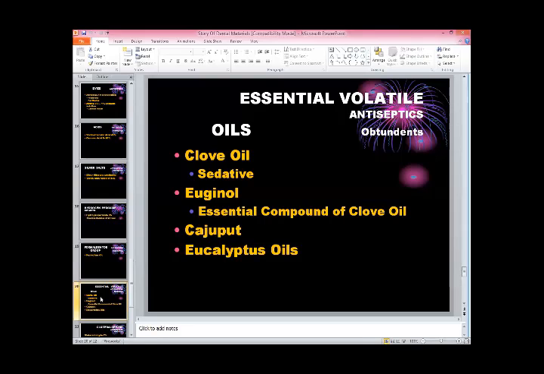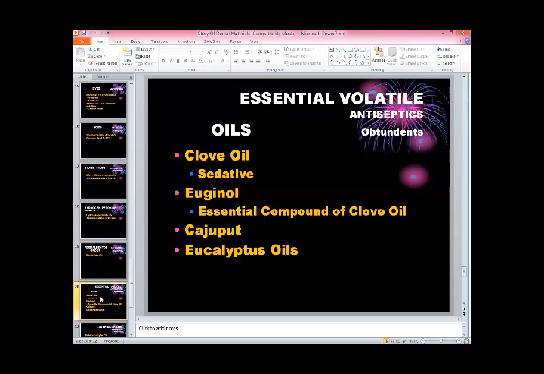All these oils are very good antiseptics. We normally say that if there is a eucalyptus plant in your house, it will be in a condition of asepsis.